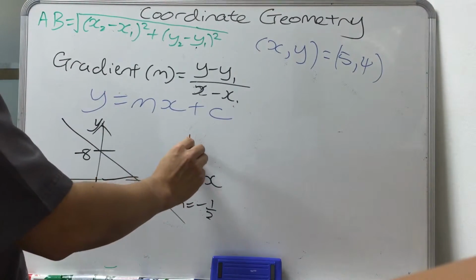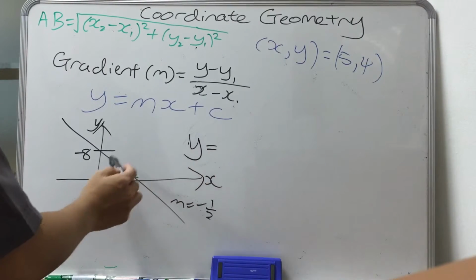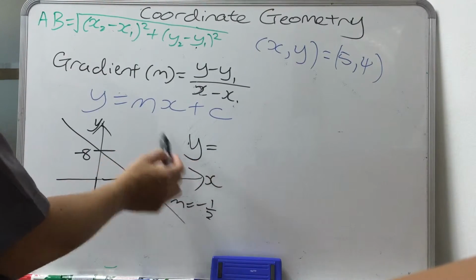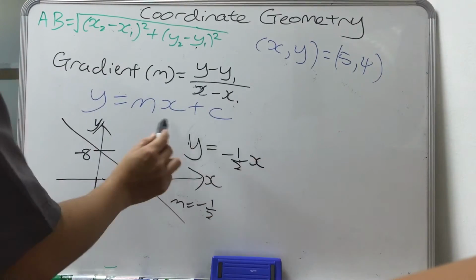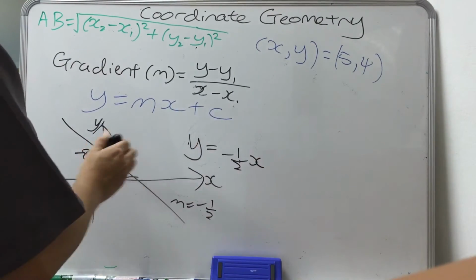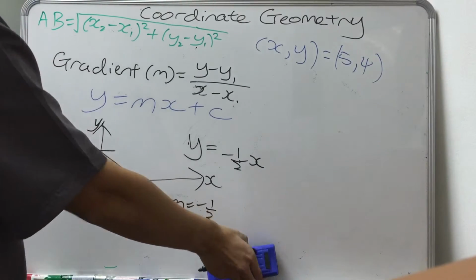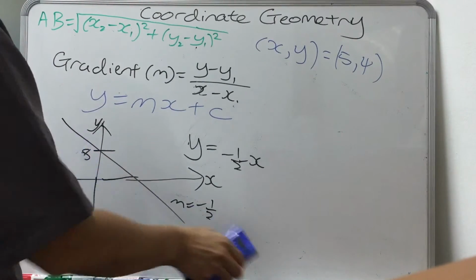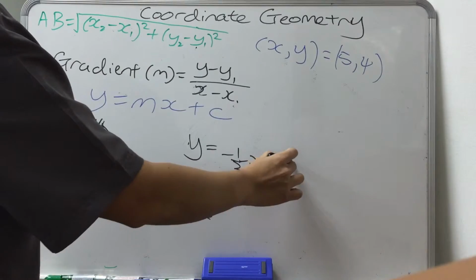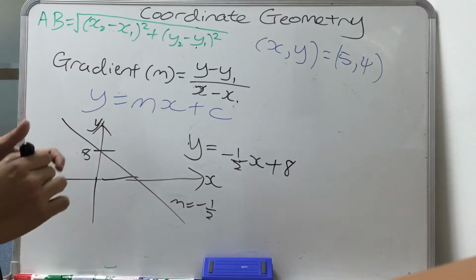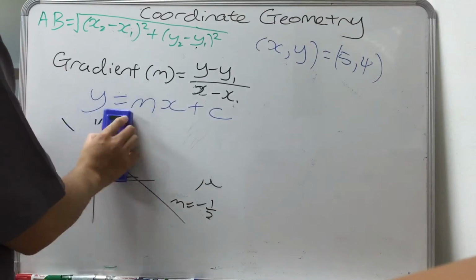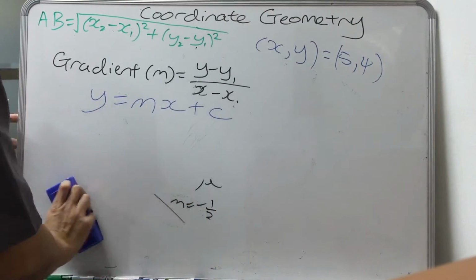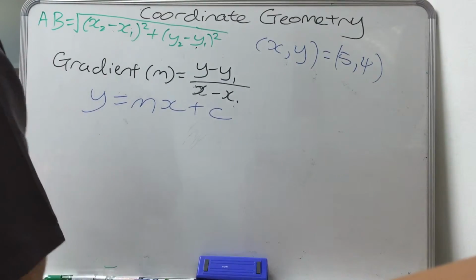So you write it as shown. y equals mx. m is minus half. What is your c? c is 8. So this equation will be y equals minus half x plus 8. Okay, so hopefully you have understood what the equation of a line means and how to write it.